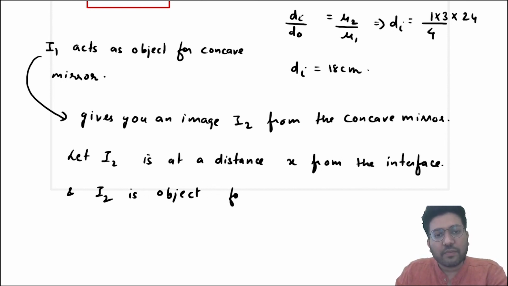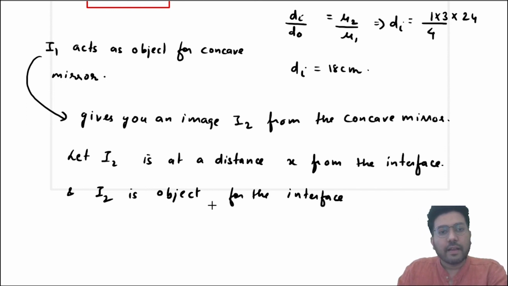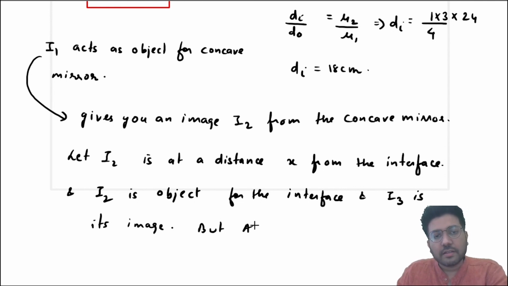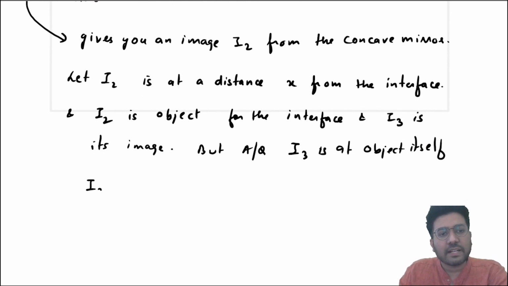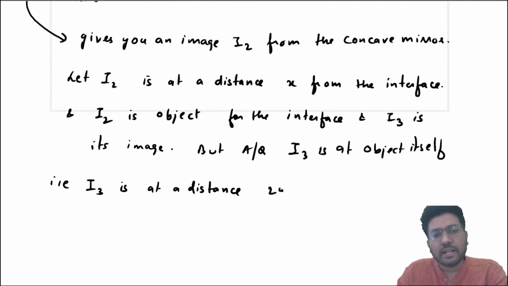I2 is object for the interface, and I3 is its image. But according to the question, I3 is at the object itself. That means I3 is at a distance 24 centimeter from the interface.